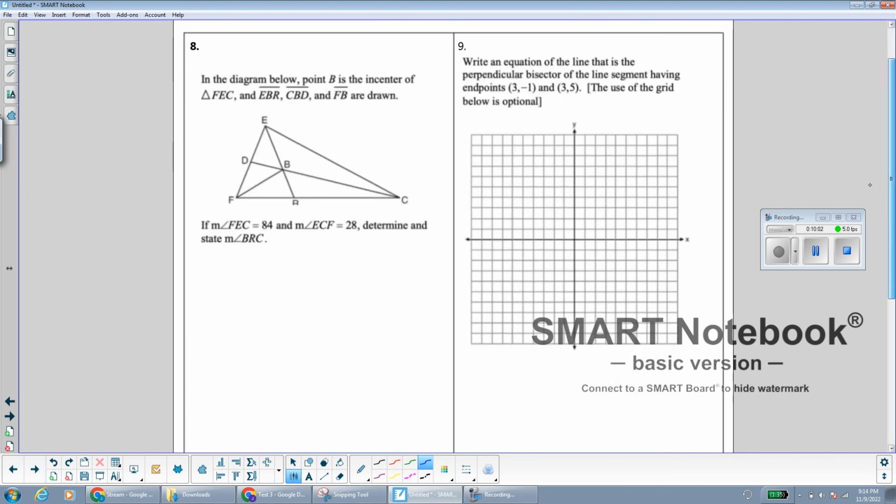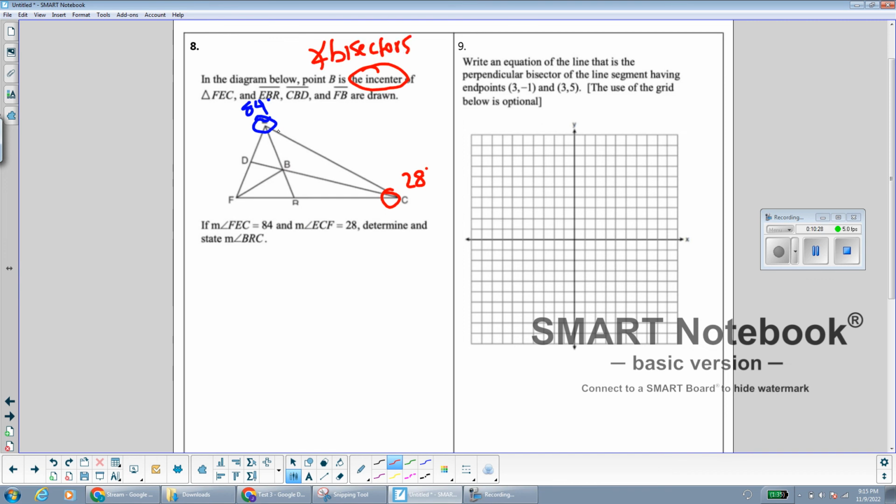Okay. In this triangle over here, angle FEC, that's this whole angle here, is 84 degrees. And angle ECF, this whole angle here, is 28 degrees. We also know that point B is the incenter. That is the point where the angle bisectors of a triangle meet.